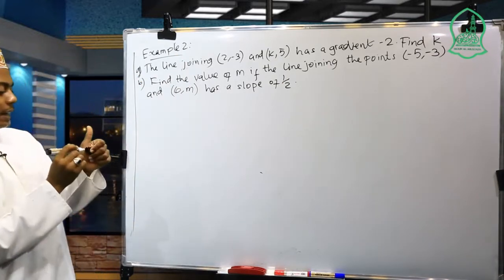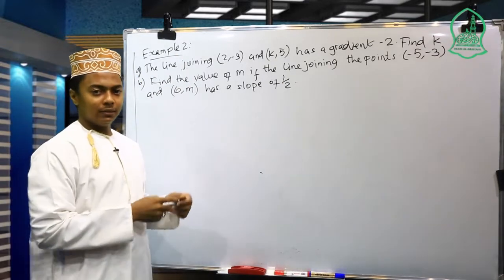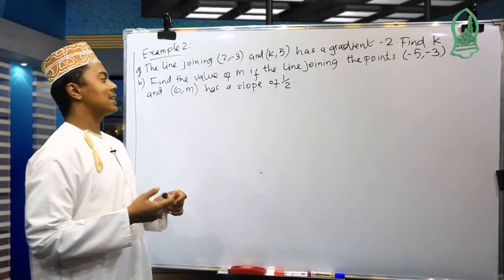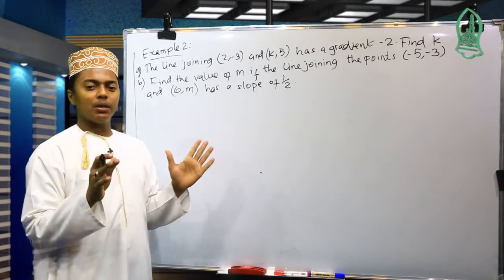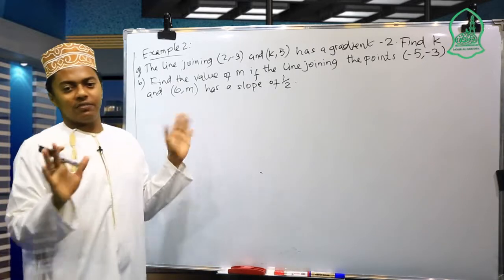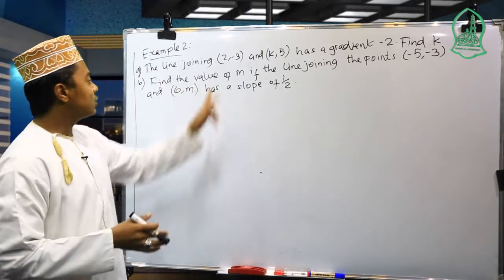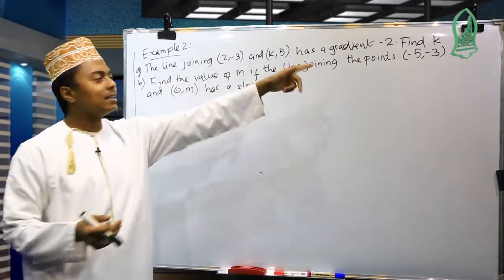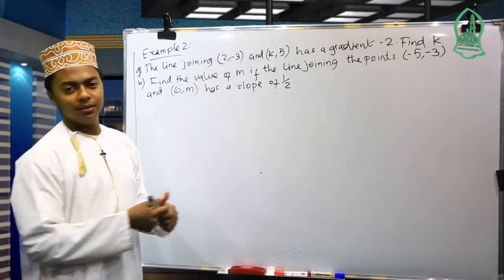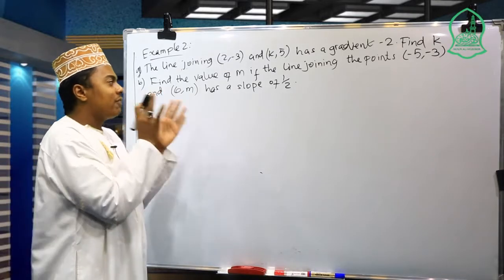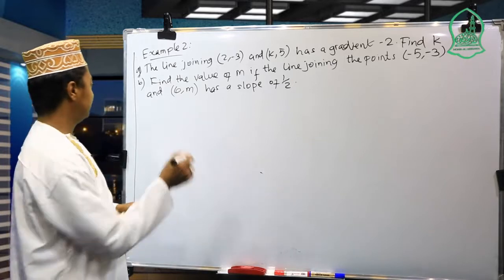This question is not direct, but it's not difficult. It's not direct like example number 1. Example number 1 is a direct question, just find the slope. But here we say the line joining these 2 points has a gradient of negative 2. Find K. So we need to refer to the formula of gradient.